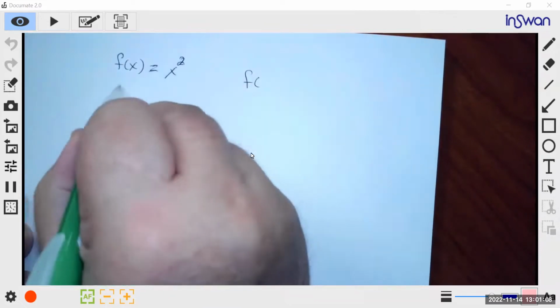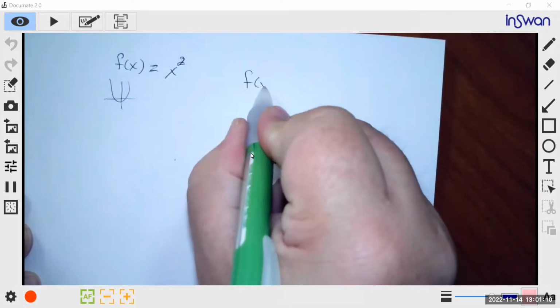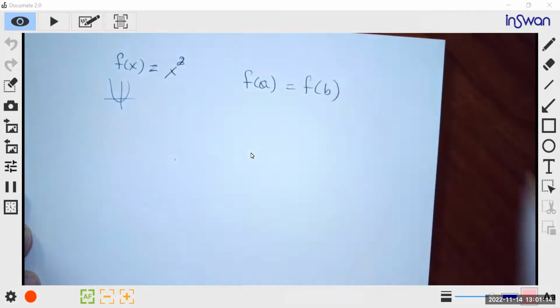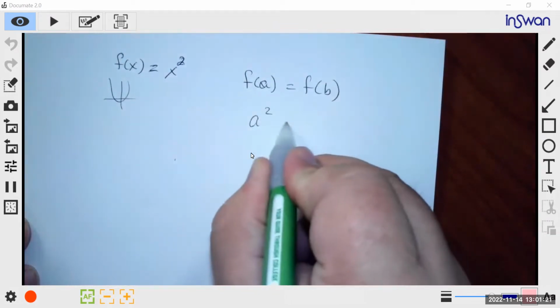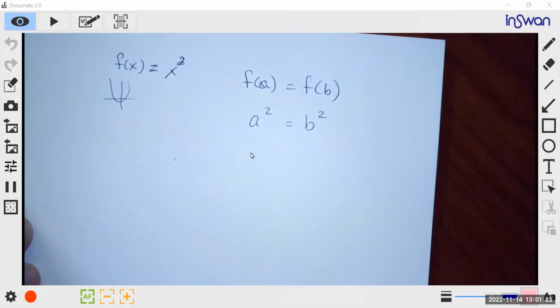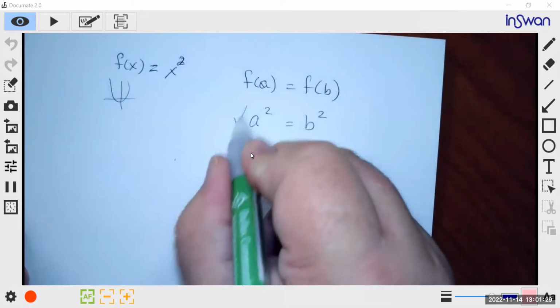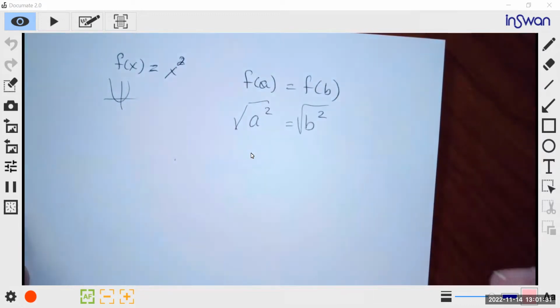This would be quadratic, a parabola. Remember, f of a equals f of b, so a squared equals b squared. If I square root both sides, what happens?